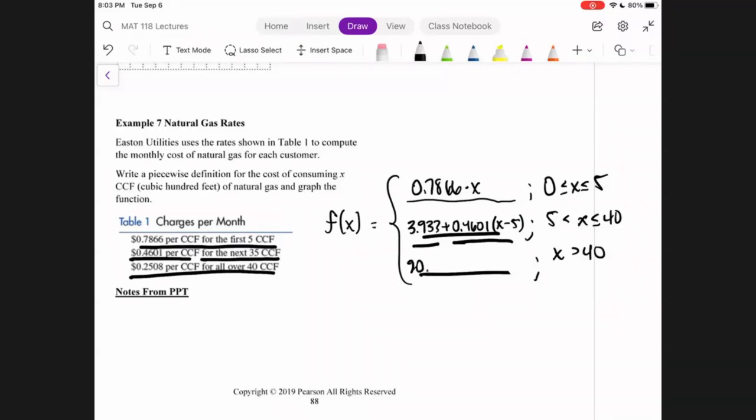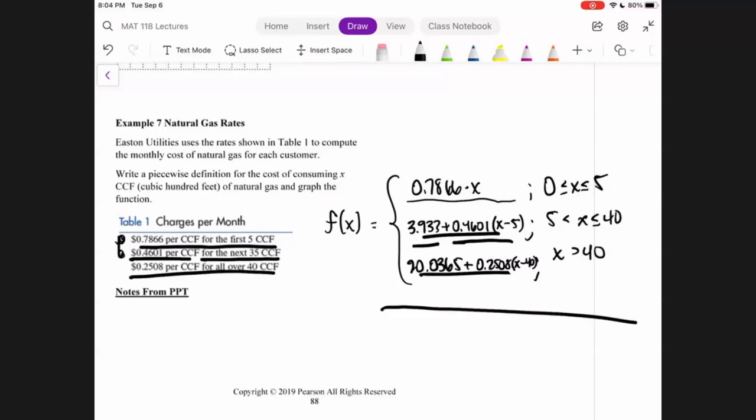So I take what I have paid for the first 5 and the next 35 at these two rates: the first 5 at 0.78, the next 35 at 0.46. And I'll double check that really quick. And then for the last part, how much I have over 40, it would be x minus 40.